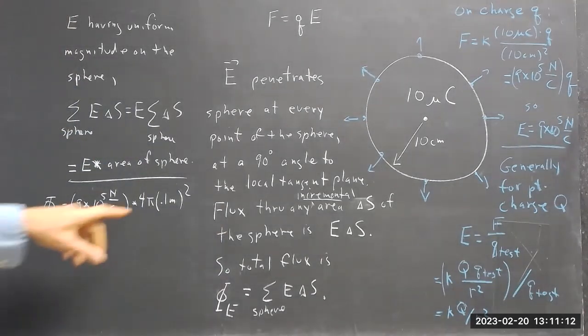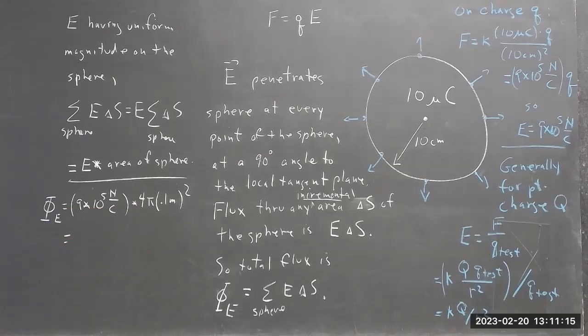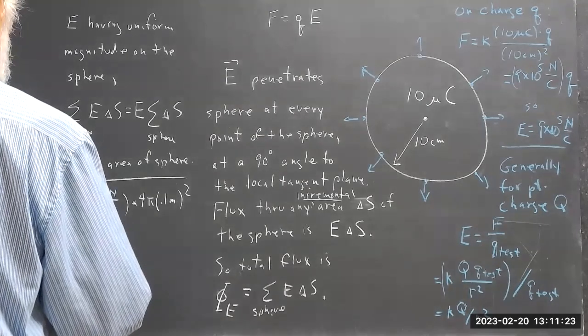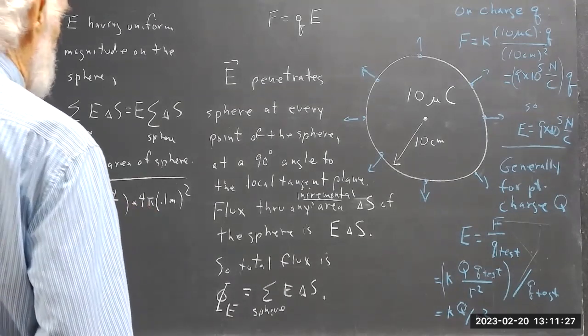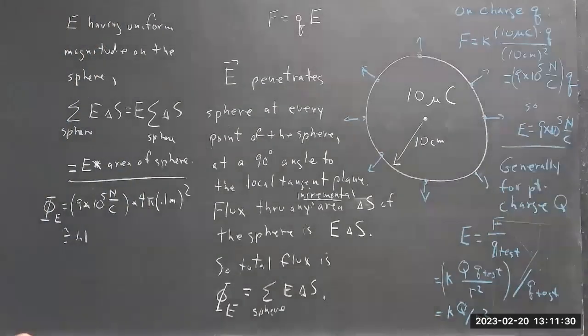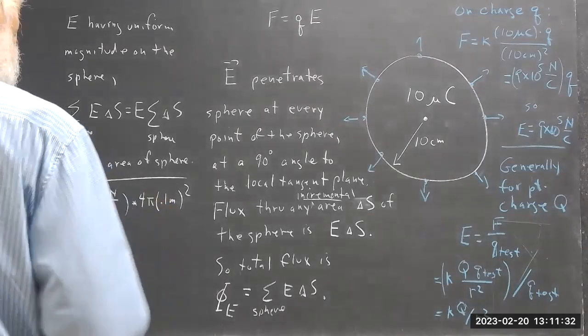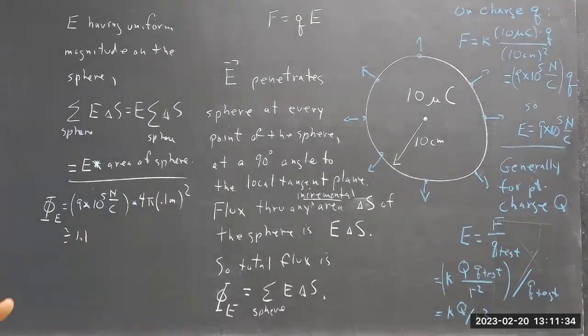And 4 pi is about 12 and a half, and 12 and a half times 9 is about 100. 0.1 squared is like 10 to the negative second, so that's kind of a wash.